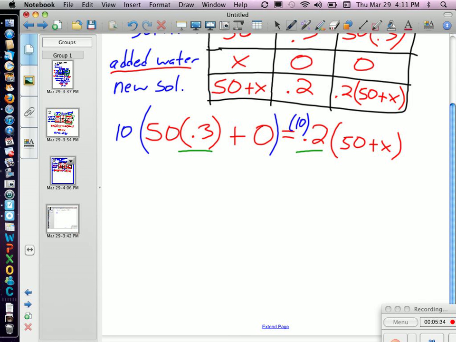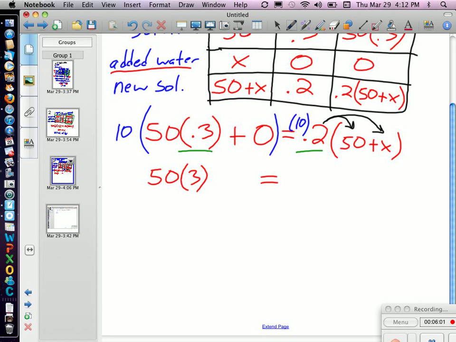So when you multiply it by 10, it just becomes 50 times 3. The 0 obviously remains a 0, but I'm going to leave it out entirely because we don't need it anymore. And now this 0.2 with the parentheses 50 plus x, all of that is one term, right? Because this 0.2 is going to distribute to everything inside eventually.